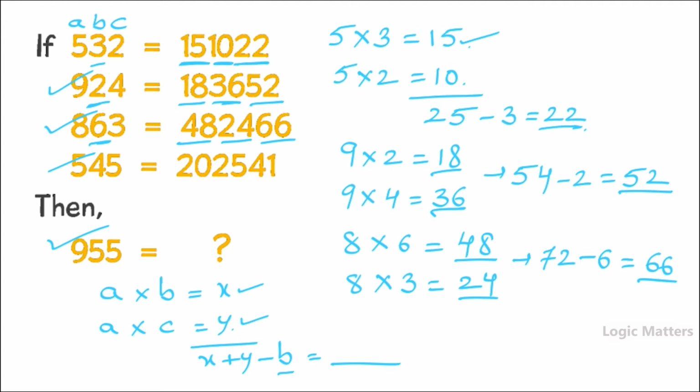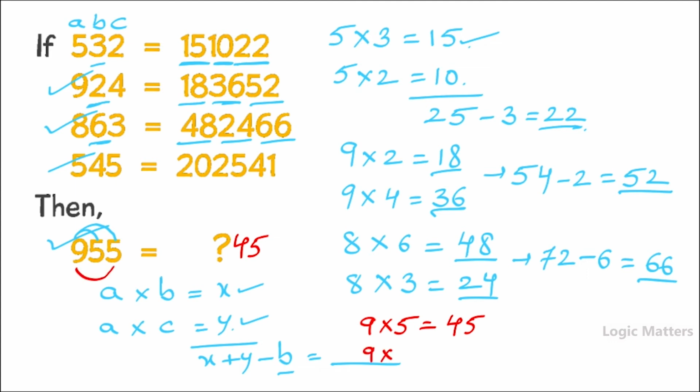Okay, so 955, first we need to multiply with this, right? And then 9 with this. Okay, 9 into 5 gives an answer of 45. So the starting number is 45. Now we need to multiply 9 with 5 again.